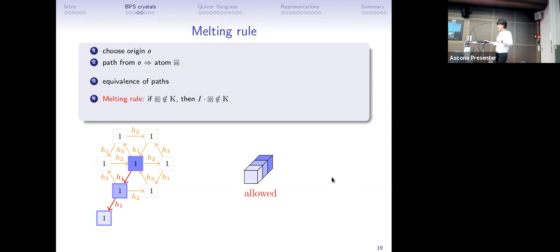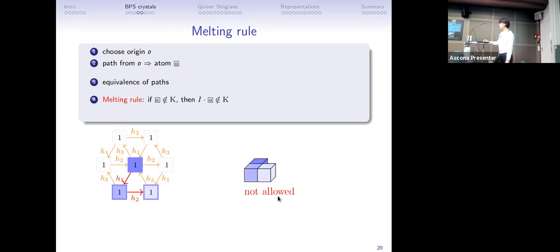When you grow this crystal, one important rule is that if you want to add an atom, the atoms that have arrows pointing to it have to be already present in your crystal. This is easy to see if you think of this as a plane partition. For example, this would be an allowed plane partition configuration, but this one wouldn't.